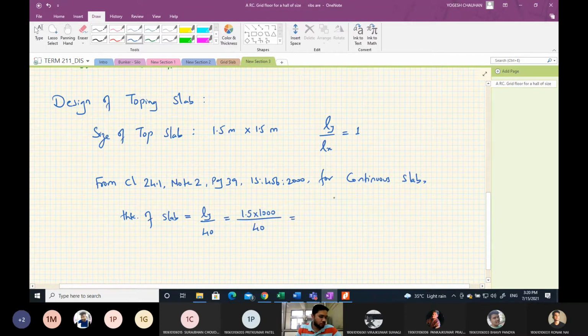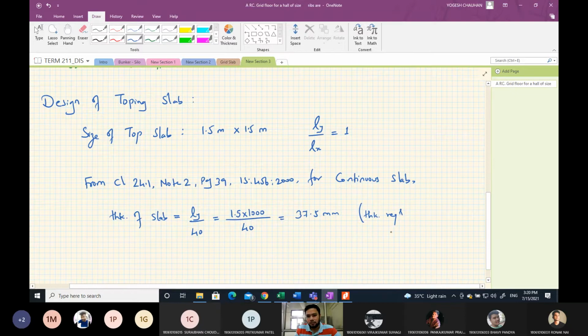So this will be equal to 37.5 mm. So this is the thickness required based on deflection criteria.